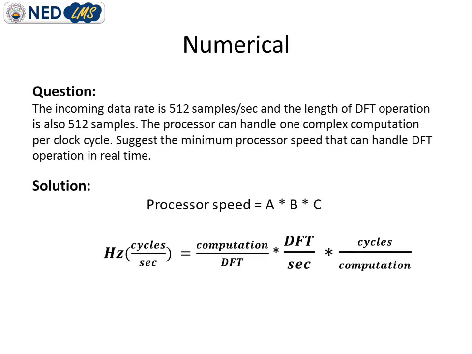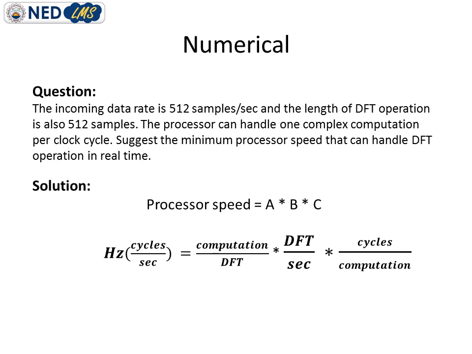In this slide, I have added an example. This example is very realistic, in which some real-time scenarios are given and we have to suggest the processor speed that can be used to perform DFT in real time.